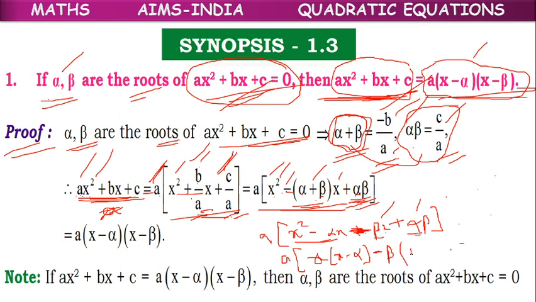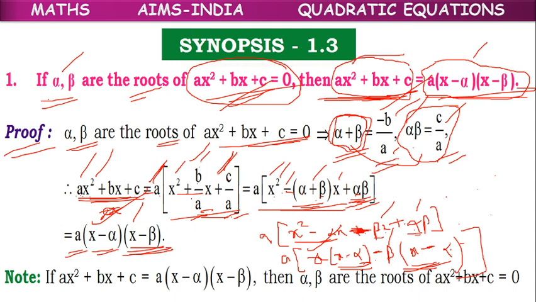Here x will remain, and as we have taken minus common, the sign changes, so minus alpha remains. So again, here also x minus alpha, and here also x minus alpha. We can take x minus alpha common. Here x remains, minus beta remains. So we get a into (x minus alpha) into (x minus beta).